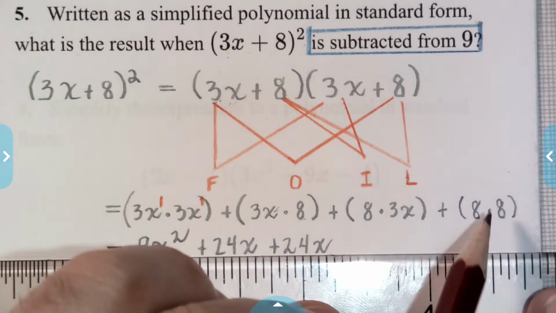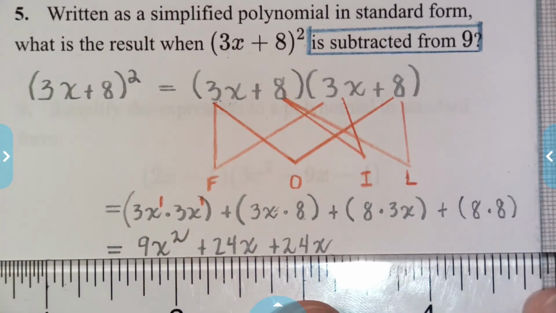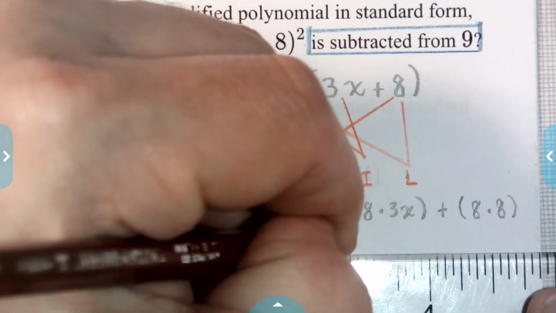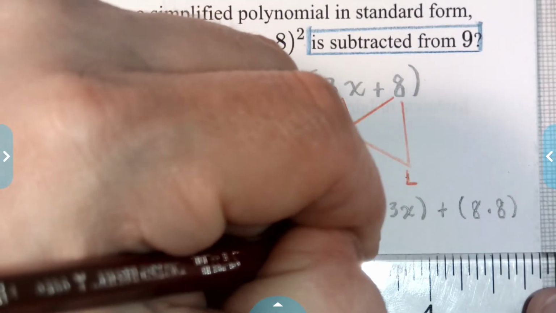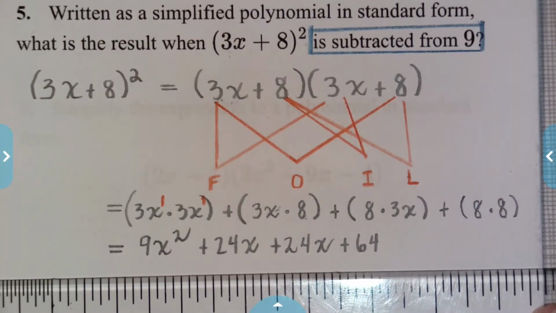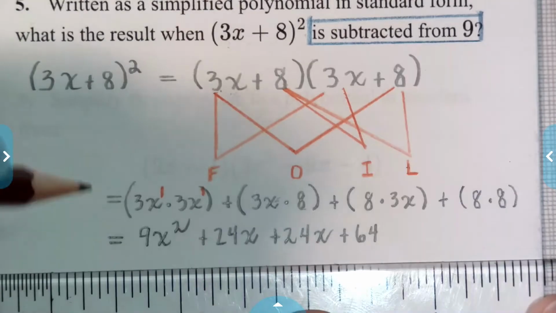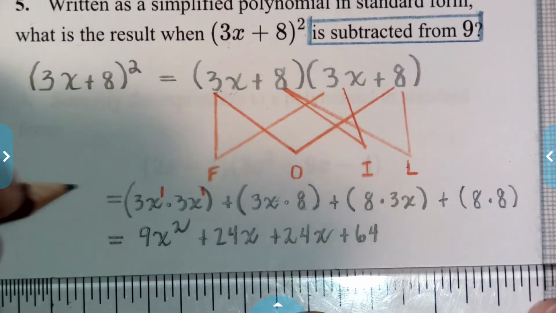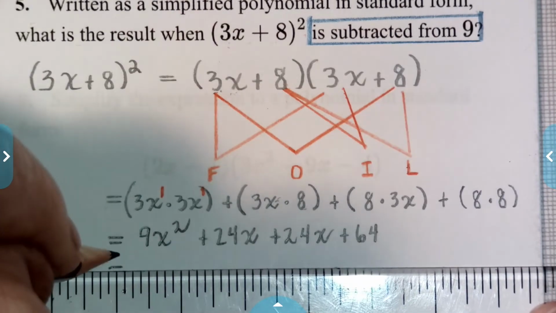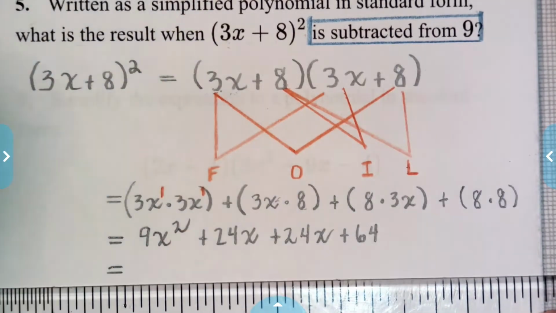And then we have 8 times 8, which is 64. There's some interesting patterns here, okay? We'll talk about those in a moment, but let's go ahead and finish working this out as if we didn't know those patterns.